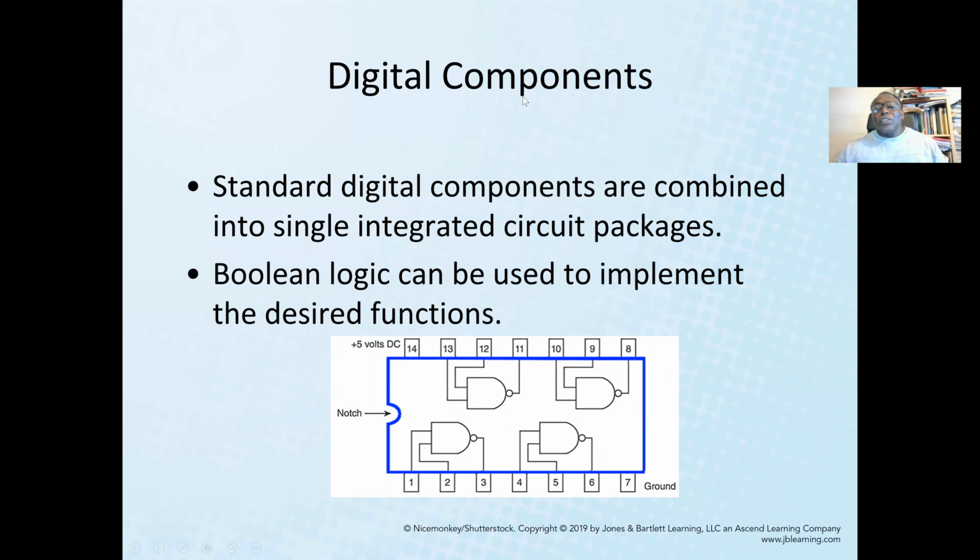So this is an example of a digital component. Here we say standard digital components are combined into a single IC package. So this can be any digital circuit, even a CPU or a memory or something. So we say Boolean logic can be used to implement the desired functions.